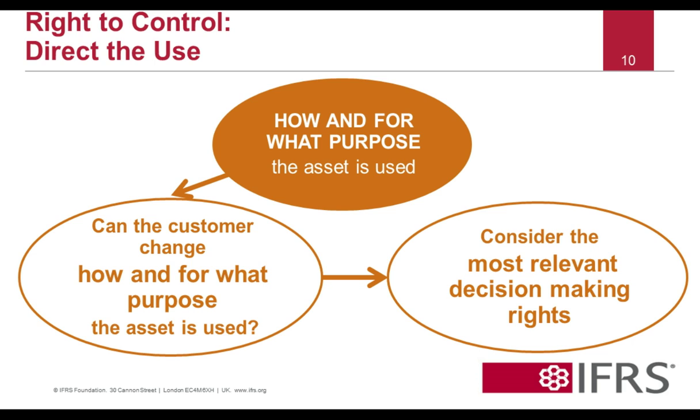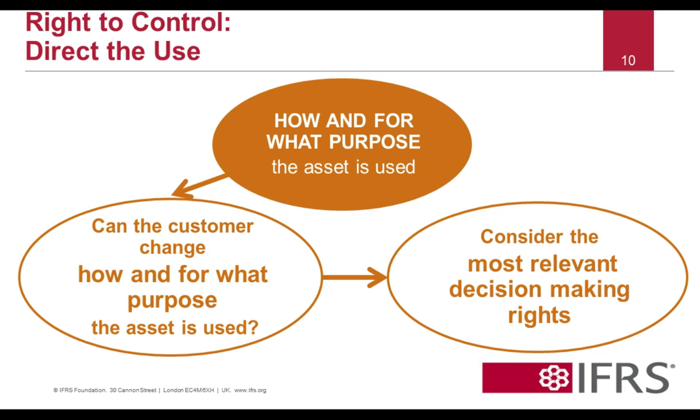So in a contract that gives the customer the right to use some retail space, it might be that the ability to decide what products to sell from that space may well be the most relevant decision-making rights. If a contract gives the right to use a piece of manufacturing equipment, then decisions about what the equipment will be used to produce, in what quantities, and to what time frame might be the most relevant ones.